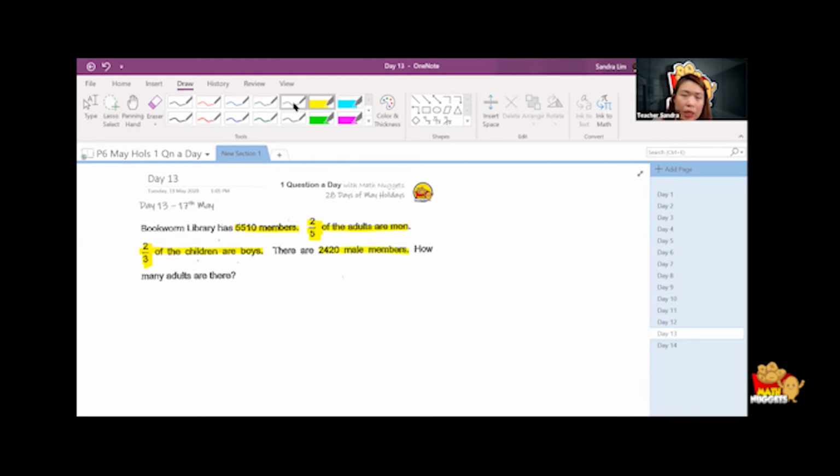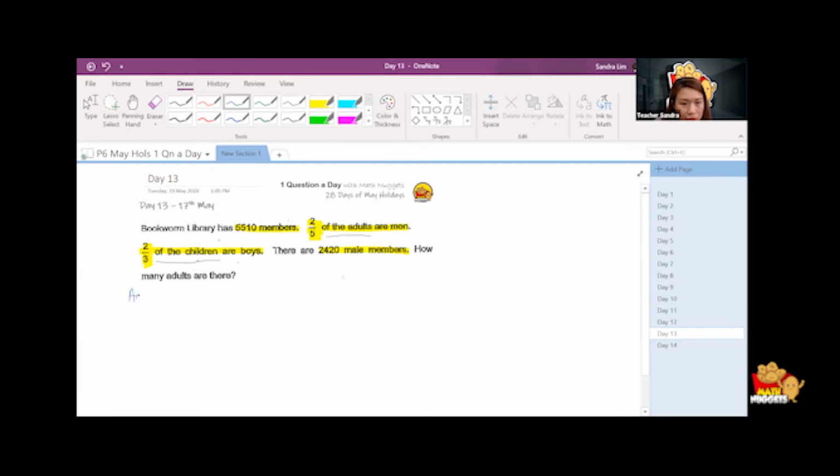Okay. I hope all of you realize that the 2 fractions are not referring to the same whole. This one says of the adults. This one says of the children. So please don't go and change them to the same denominator, okay? Because the 2 fractions are not related. All right, so I'm just going to write down the ratio.